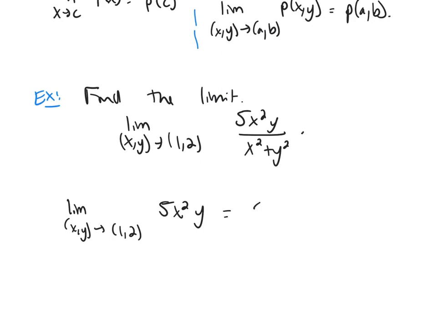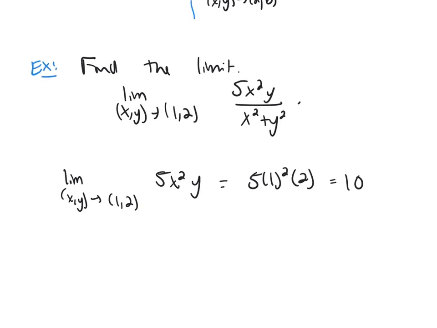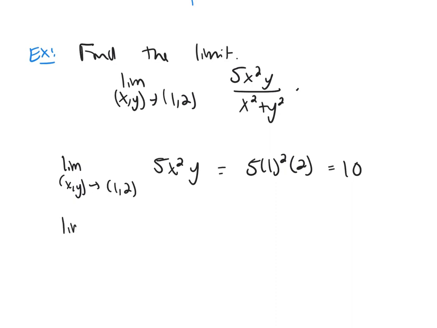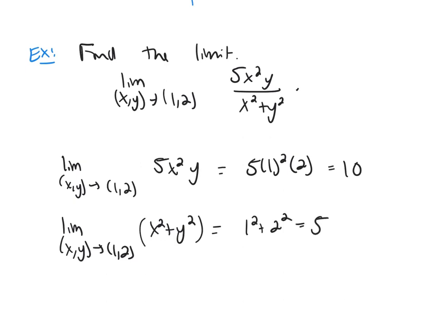This will be 5 times 1 squared times 2, or 10. And then we look at the limit of the bottom. It'll be x squared plus y squared. And then you just evaluate. Again, this is a polynomial, so 1 squared plus 2 squared is 5.